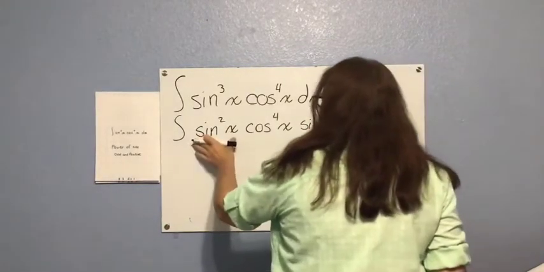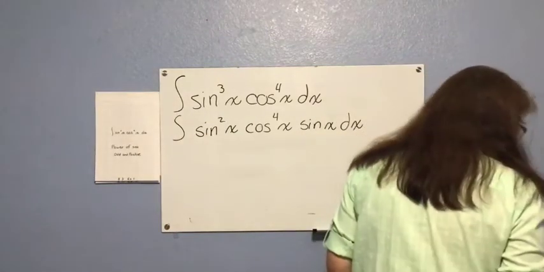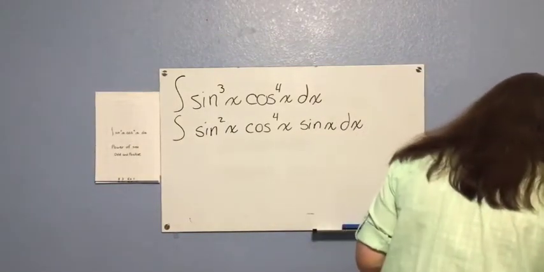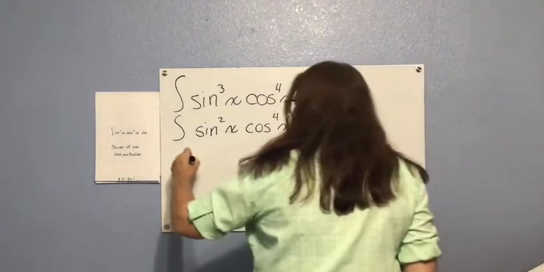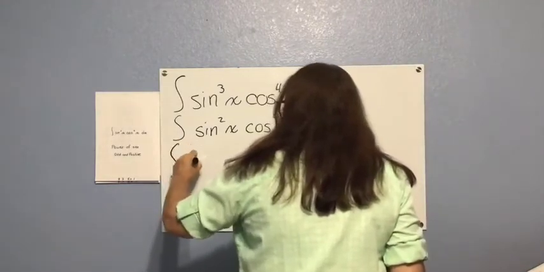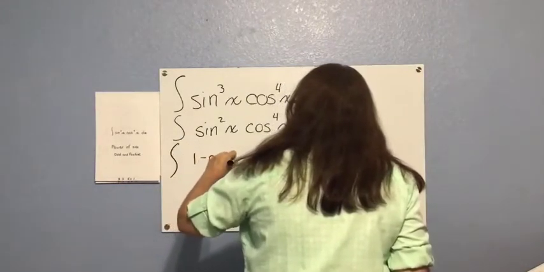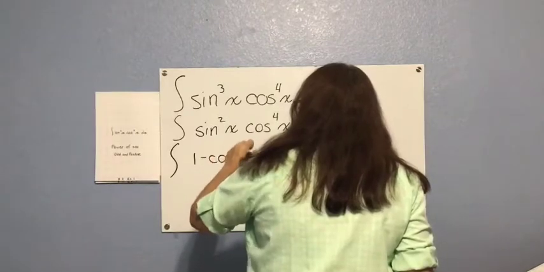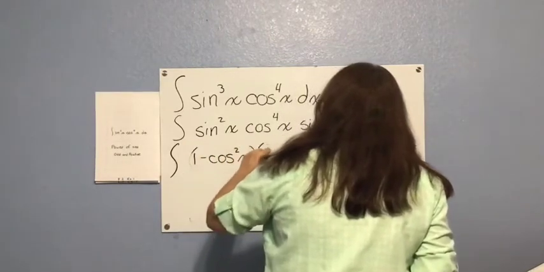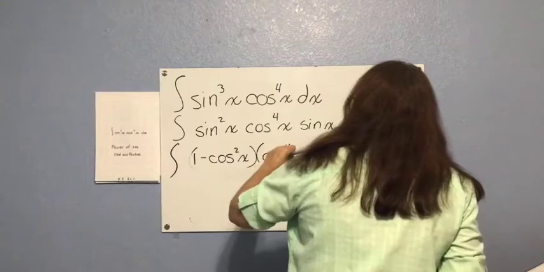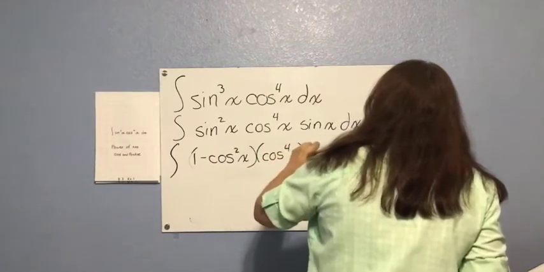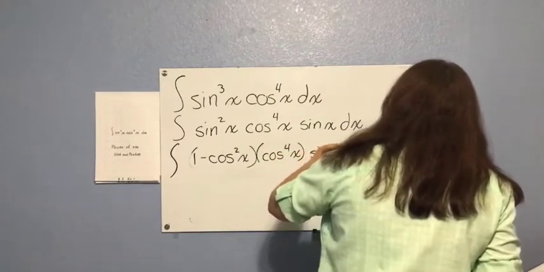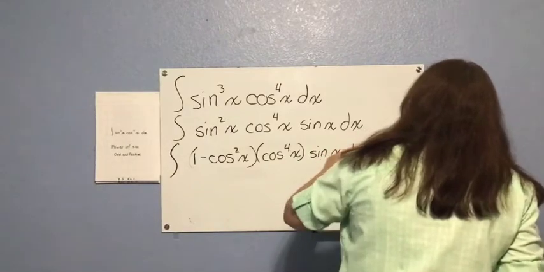Now I'm going to use the Pythagorean identity and change that sine squared x. This is going to be 1 minus cosine squared x times cosine to the fourth x, sine x dx.